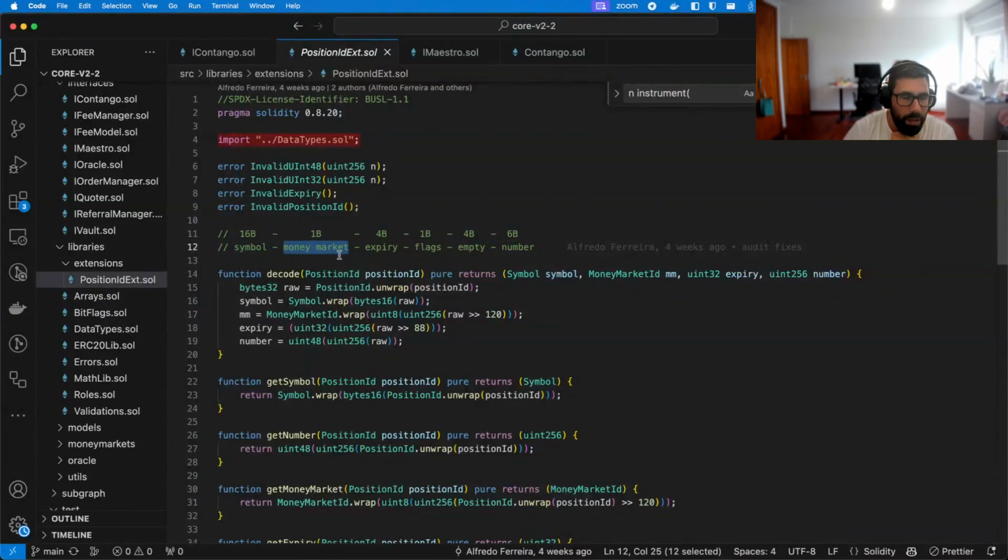Then we have 1 byte to identify which money market this position is associated with. Expiry, because right now we do perps, but the code is designed to also work with dated futures or expirables. And then flags. This is something we added because, again, gas.